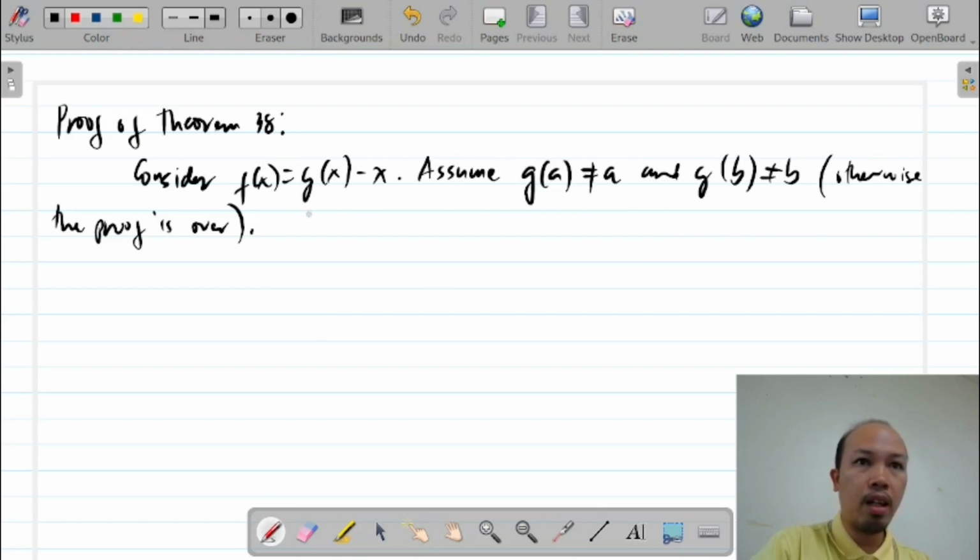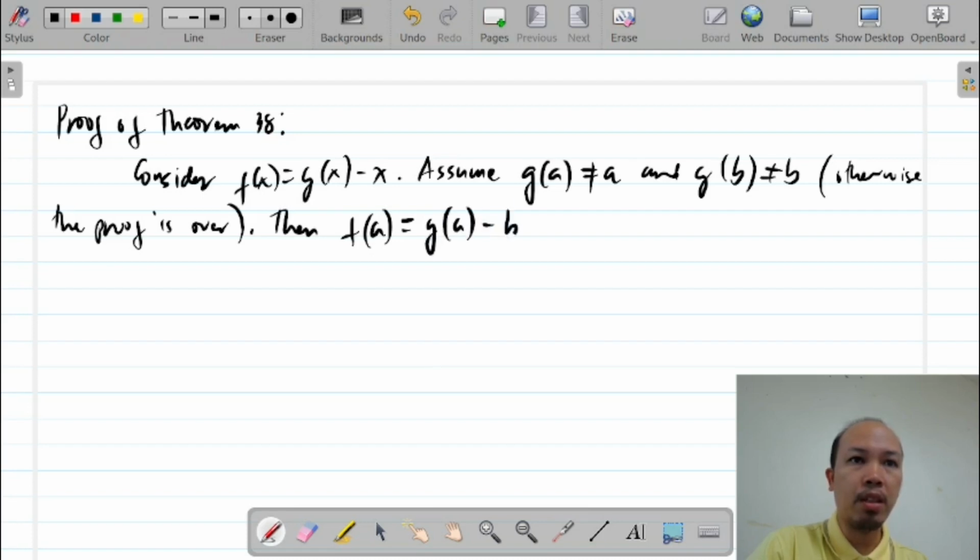So what happens if we assume that g of a is not equal to a and g of b is not equal to b? Then f of a is equal to g of a minus a.